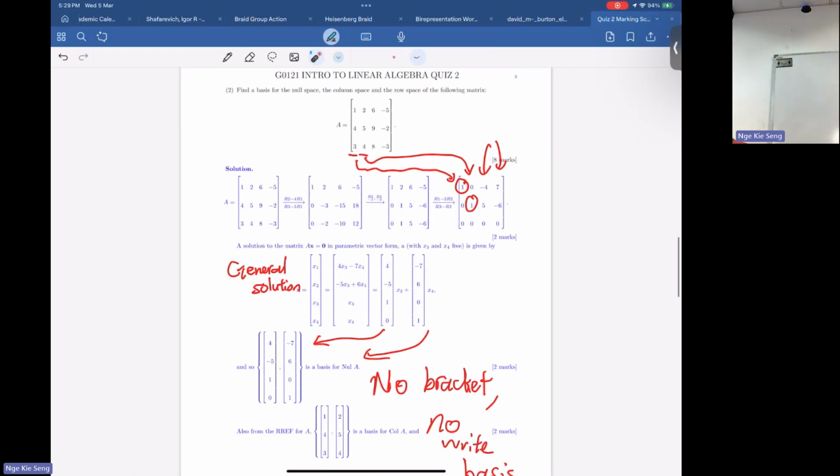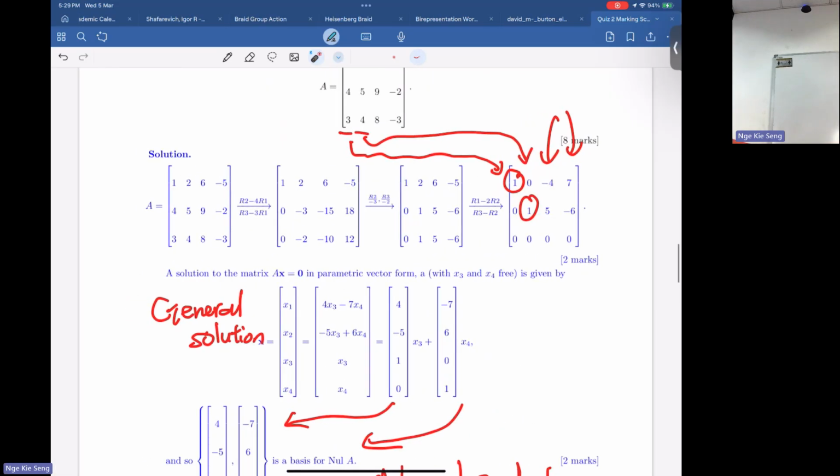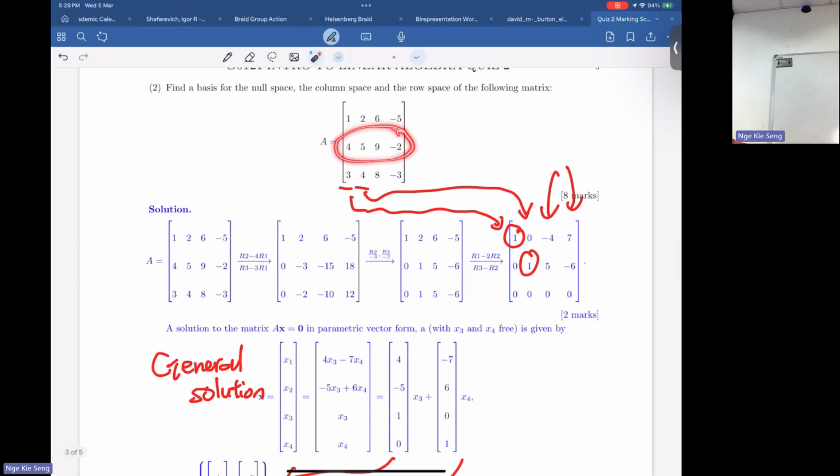But for row space it is different. For row space you can pick any rows with a pivot, but don't pick the same row. If you're going to pick this 0, 1, 5, minus 6, don't pick 4, 5, 9, minus 2 again, because it's a bit dangerous.